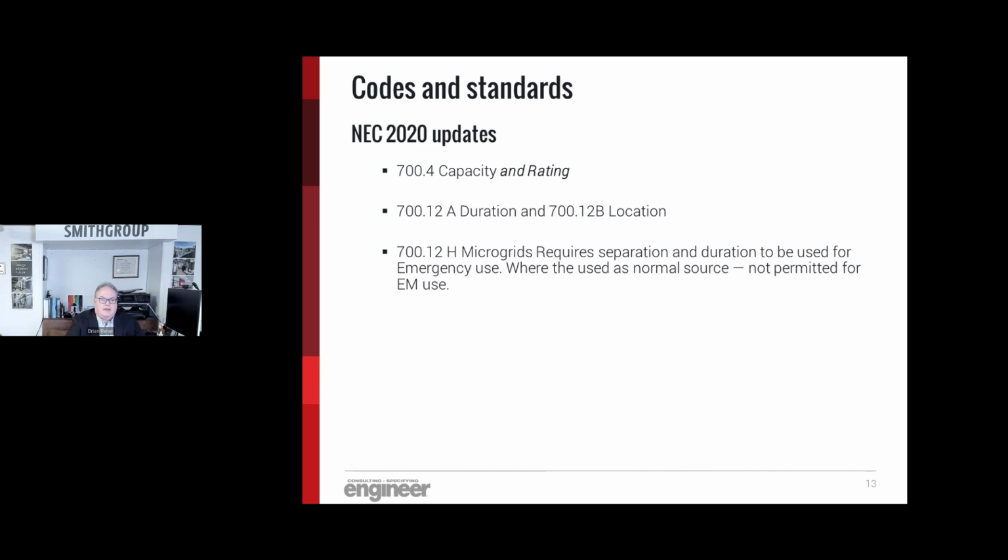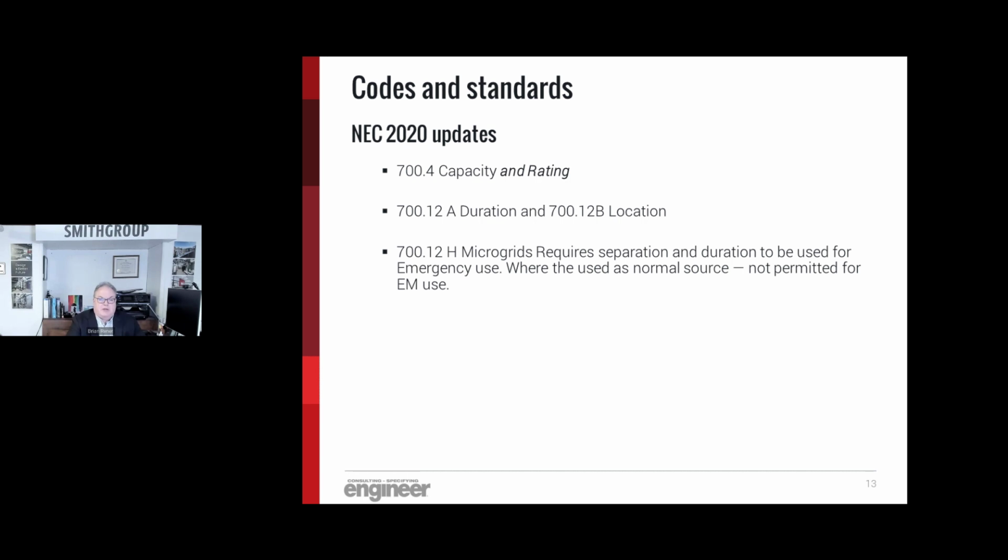But one of the things they added in 700.4 was capacity and rating. One of the things you need to know, obviously, as an engineer is you're not just dealing with a 1,000 kW generator, but a 1,000 kW generator that can adequately handle the types of loads that you're going to have in the facility, and the generator rating itself is appropriate for the situation.